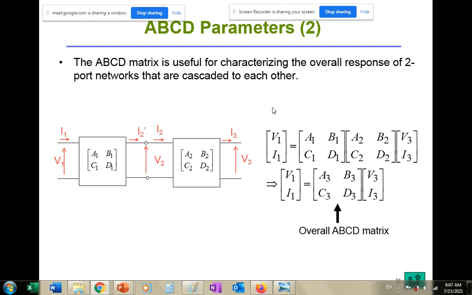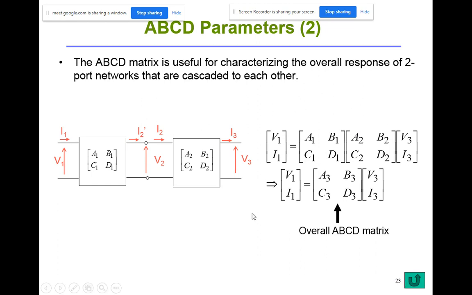For example, if you make a transmitter, you have a signal source, and then you have an isolator, a coupler, a filter, and so on. You want to know the overall ABCD matrix, right? You can find it simply by multiplying the ABCD matrix of the first block with the second block and so on.